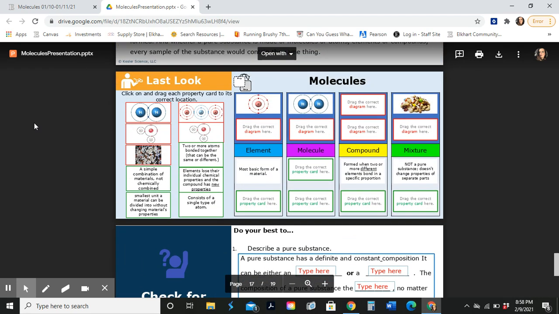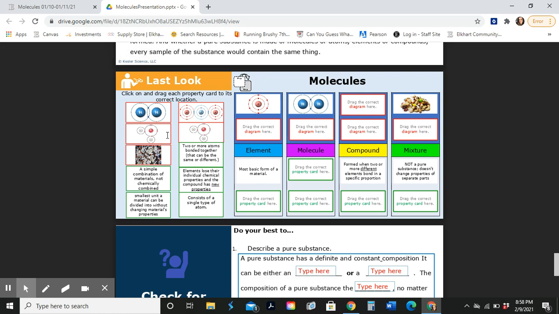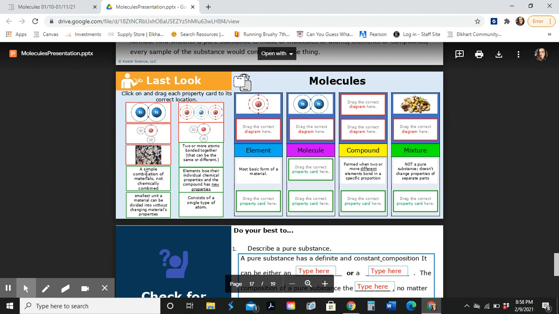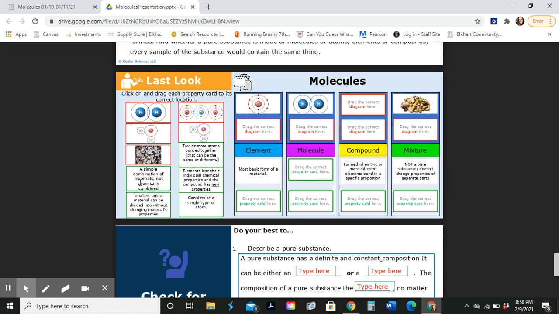Now we're going to look at these and we're going to drag and click to the right place. So we're going to look over here at our oxygen element, and we're going to decide which one goes over to this particular element first. Okay, is it a simple combination of materials not chemically combined?